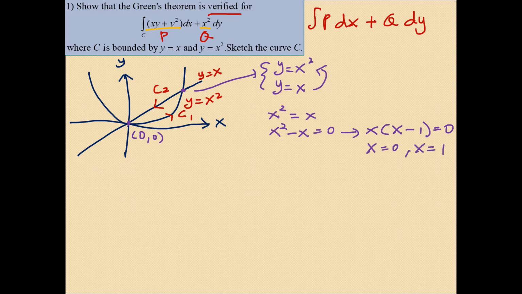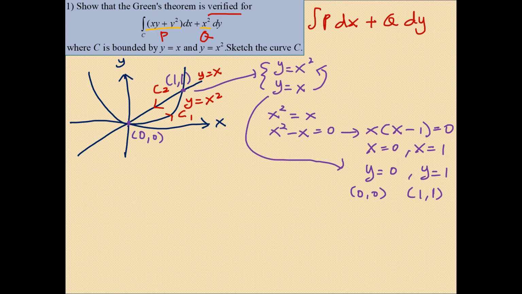If x equal to 0, what is y? y is also 0, because we have y equal to x. When x equal to 1, y also equal to 1. So we have two points, 0, 0 and 1, 1. So 0, 0 is here, and the other point here is 1, 1.